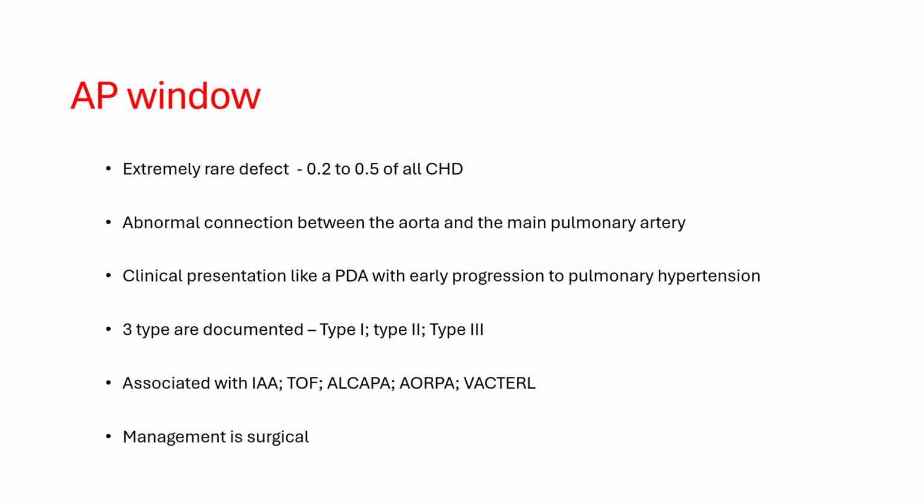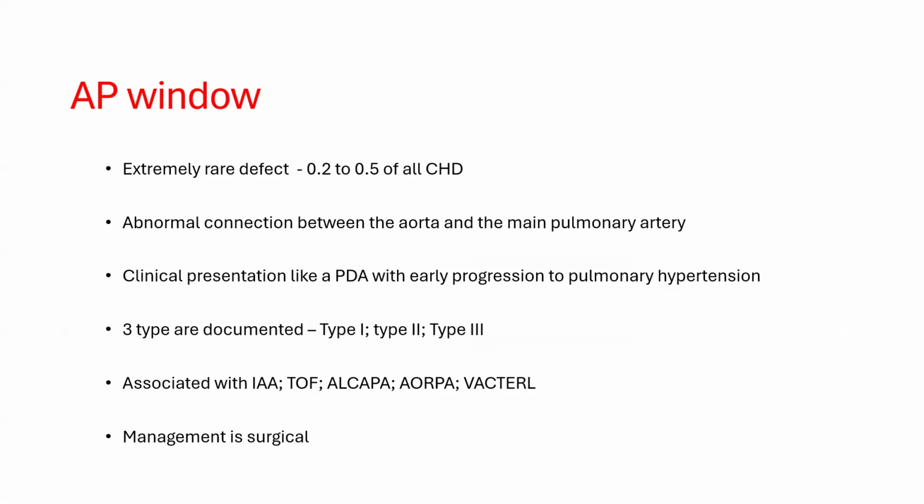So the last one, your pulmonary window, is very rare. It's almost like a PDA, it's just that the connection is not from the aorta to the branch PA, as you typically have with the normal PDA, but the connection is between the aorta and the main pulmonary artery.